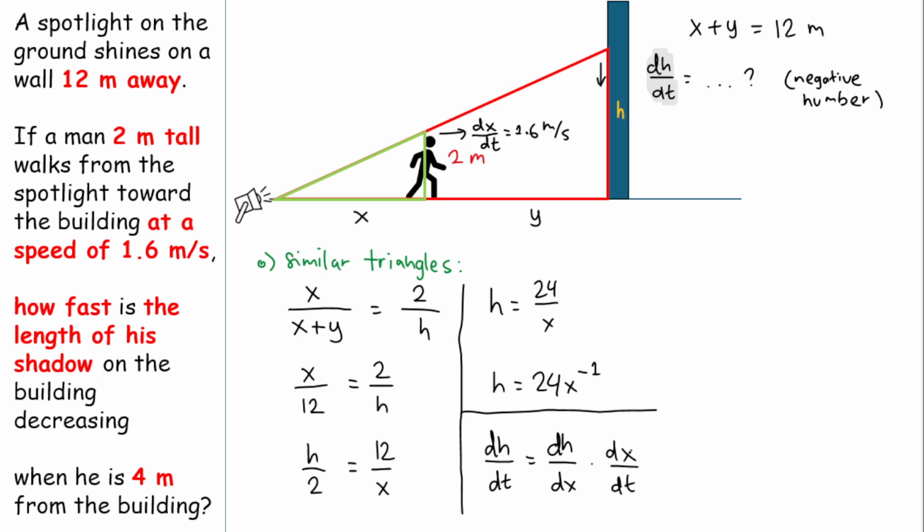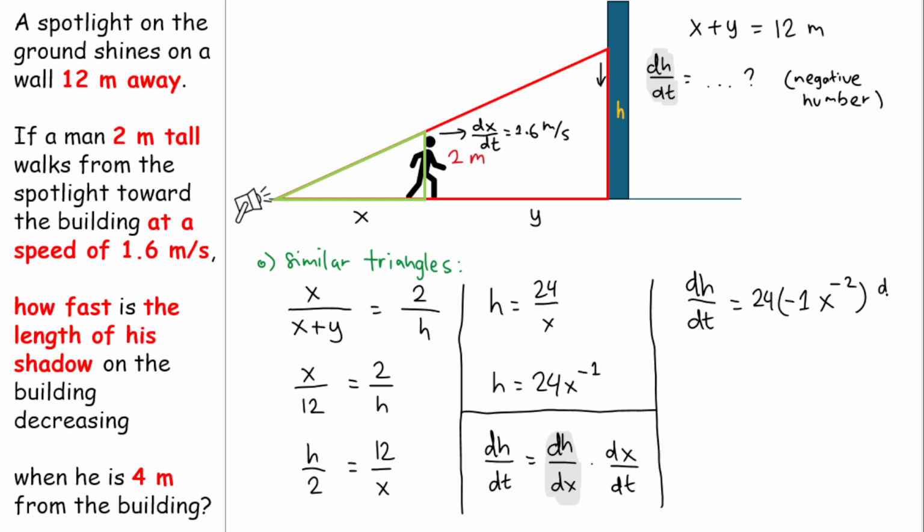And dx/dt we are given by the problem, right? It is a constant of 1.6 meters per second. Good. So we need to find this part here, dH/dx. Okay, we can just use the power rule, right? So here dH/dt will equal 24, and we take this minus 1 to the front, multiplied by X, and then the power is decreased by 1, so I'll have minus 2 here.